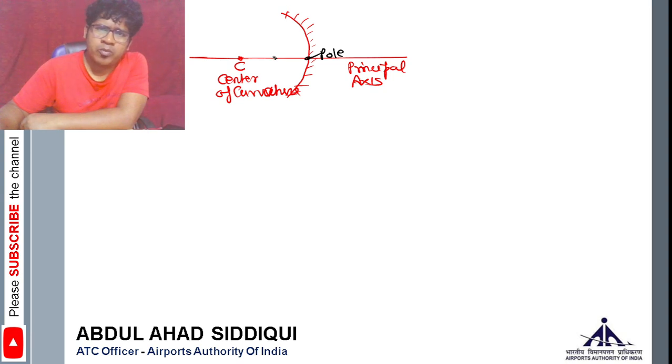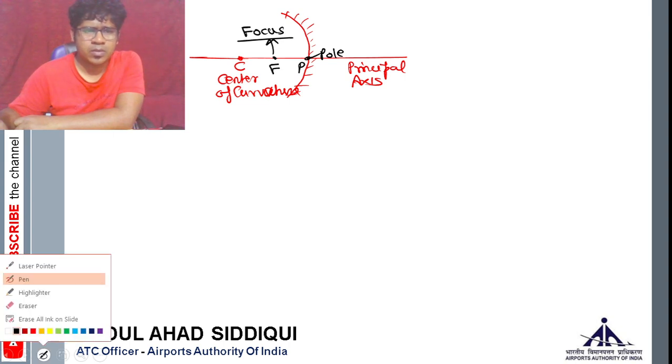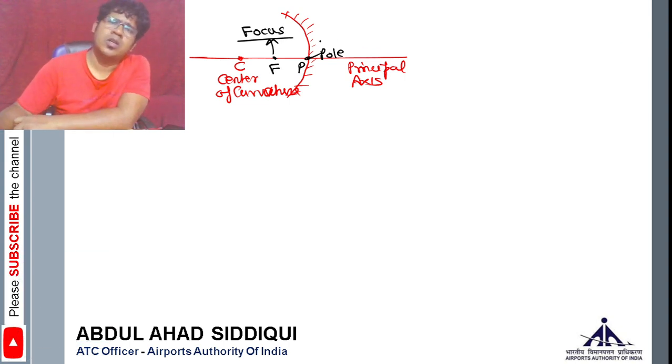And the middle point of the pole and the center of curvature is known as F. This is basically the focus. The same laws will be applied in the concave mirror also.